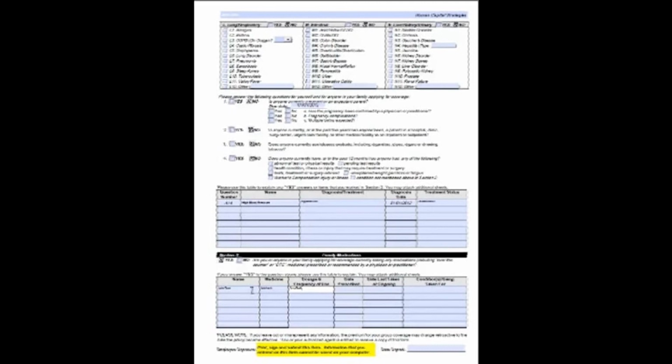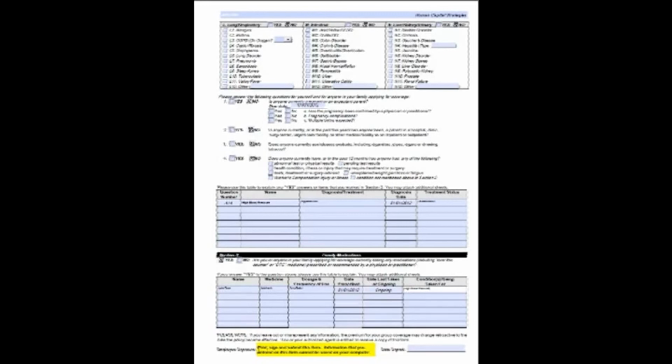The date he was prescribed was when he was diagnosed, January 1st, 2012, and it is ongoing in this particular case. And again, the condition is high blood pressure. It's very important that all prescriptions go down under Section 3. Include any that you are taking, and any that your spouse or kids are taking, if you want them covered as well.